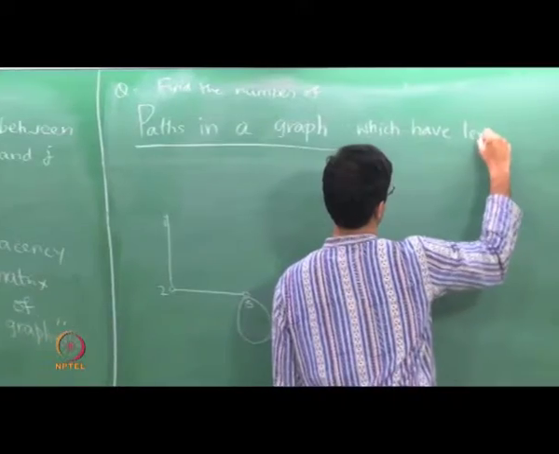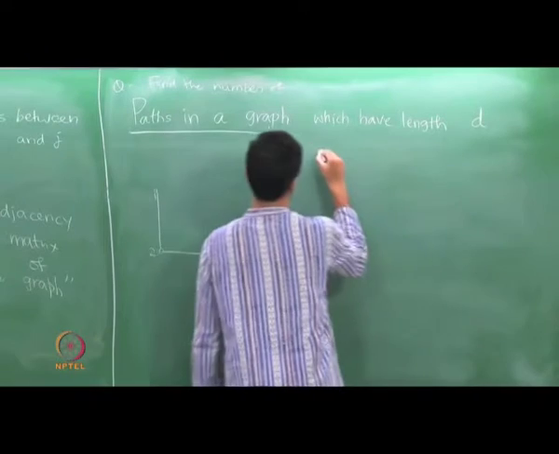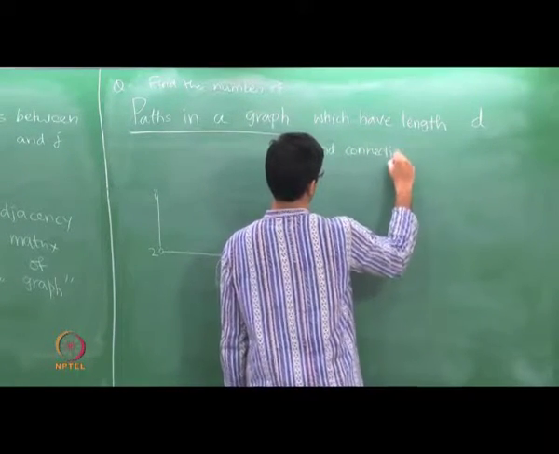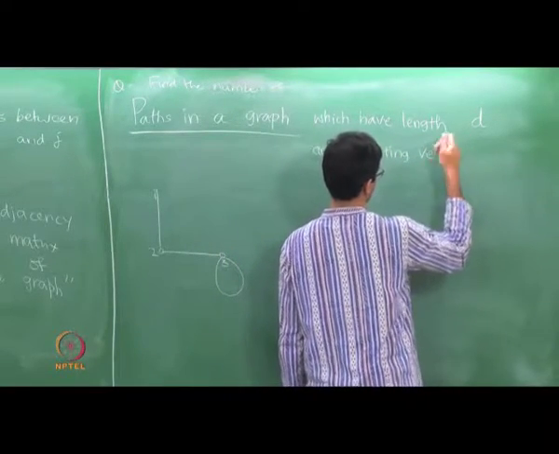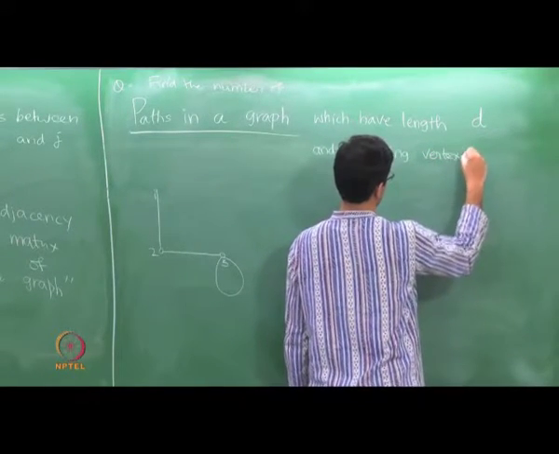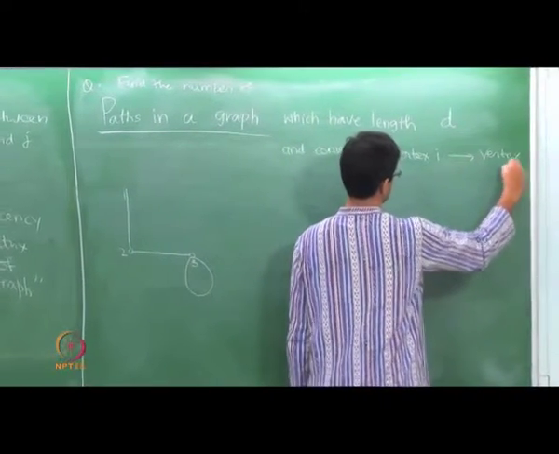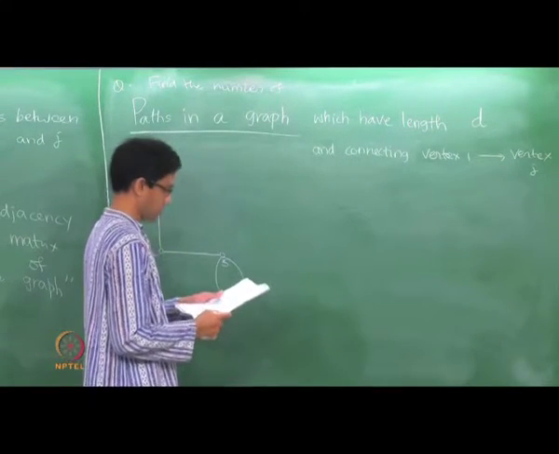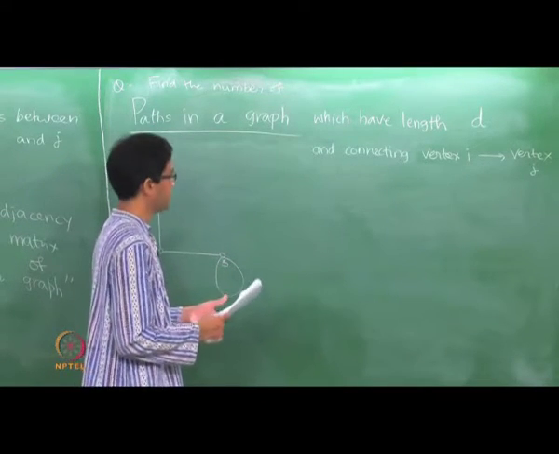So the length of the path is also important. There needs to be a starting vertex, so connecting vertex i to the vertex j. Okay, going from this vertex to the other vertex. Now how does one do this? How does one compute the number of paths?